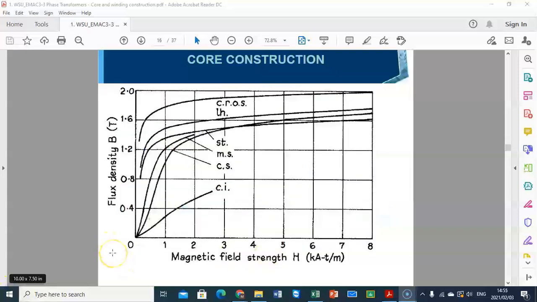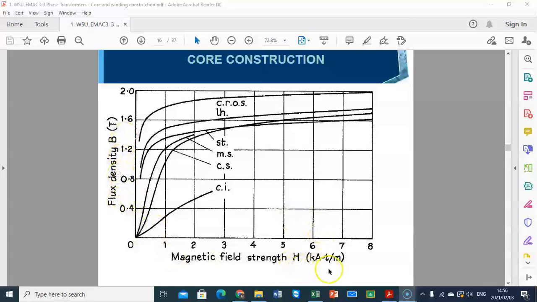In this slide, we can see BH curve of the different kind of the steels that we can use to make the core of a transformer. So BH curve is showing us how the flux density, which is the flux divided by area of the core, will be changed if we change the magnetic field strength, which is H. So as we increase the current in the winding of the transformer, then the flux which is going through the core is going to be increased.